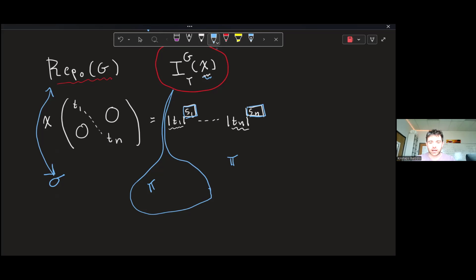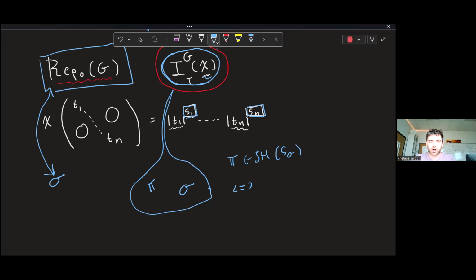Then pi shows up in the standard representation of sigma if and only if sigma itself shows up in this thing induced from the torus. So it forms this sort of smaller family. It actually breaks up this big category into even smaller blocks that are labeled by these characters.